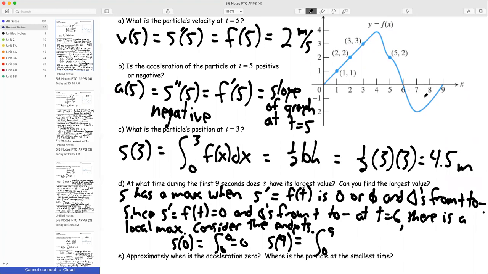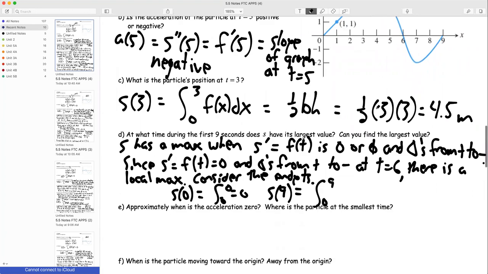If I were to put numbers on there, I'm just estimating here, but let's say that's like 15 and that's 5. This would be positive 15 and this would be negative 5. Therefore, the value of the integral from 0 to 9 would be 15 minus 5 or 10. And the value of the integral from 0 to 6 would be 15. Therefore, it has its absolute largest value at 6.